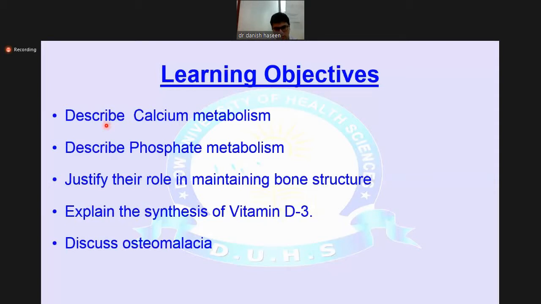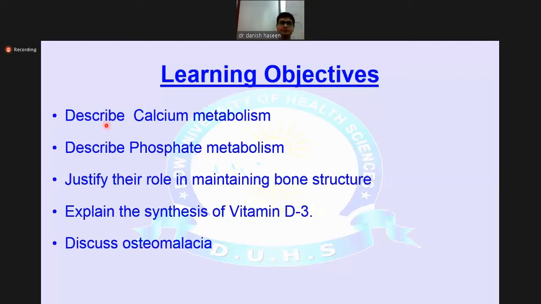Then we'll discuss vitamin D, how it is synthesized, how it is regulated, and how it regulates calcium and phosphate. And then we'll take a small discussion related to osteomalacia.